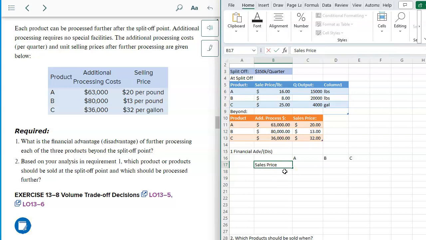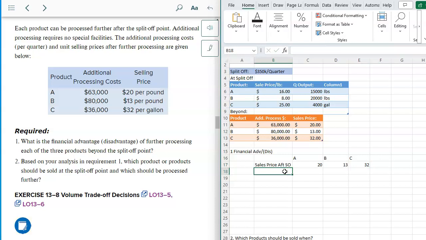Price, let's go after split off. And for product A, again, this is just straight from the book. We got $20. And B, we are at 13. And C comes in at 32.